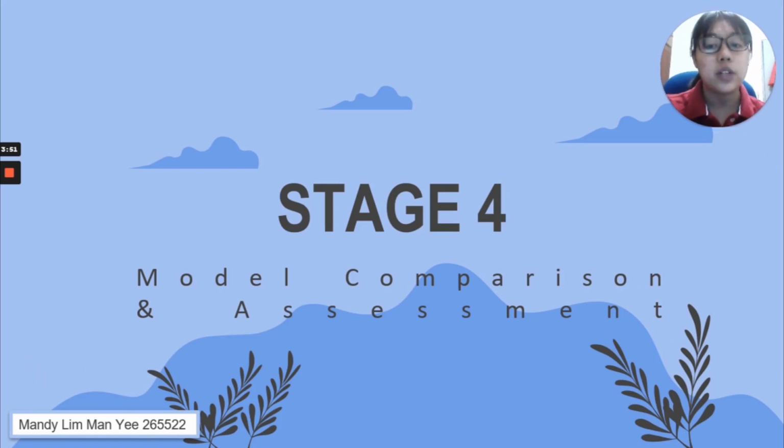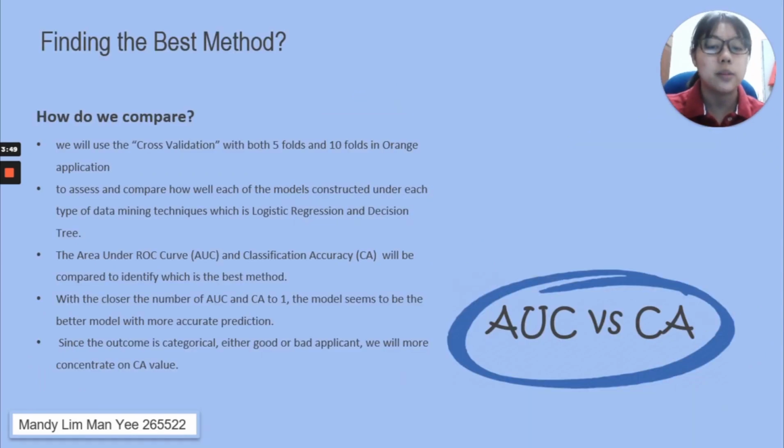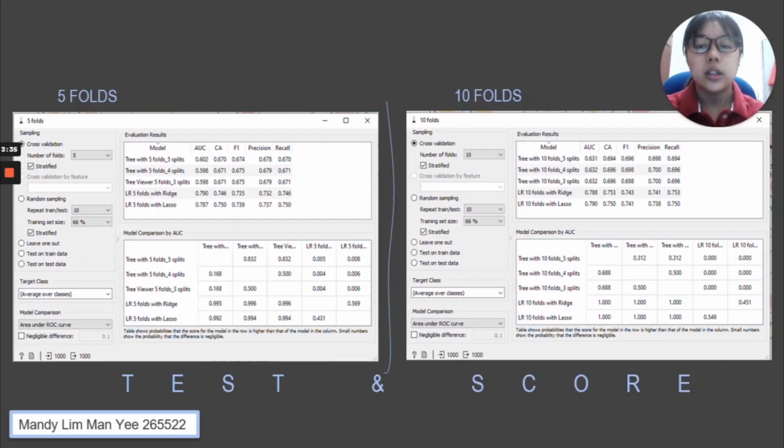Stage 4 is model comparison and assessment. How do we compare the models to find the best model? We are going to use different cross-validations, and to assess and compare, we are using AUC and also CA. This is what we do in Orange data mining.